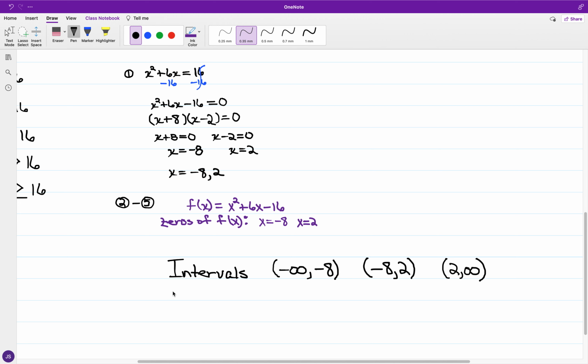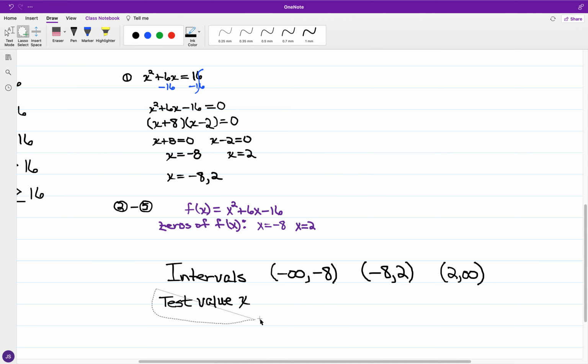And now again, we'll have a row that's going to consist of test values for the input, and I'll refer to this as test value x.